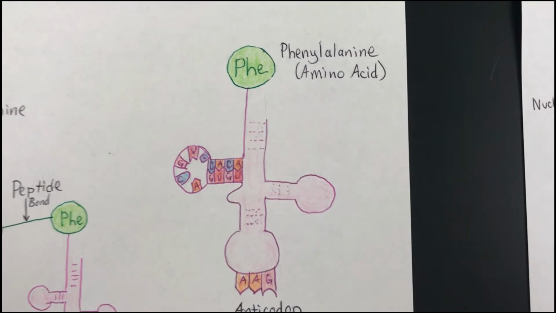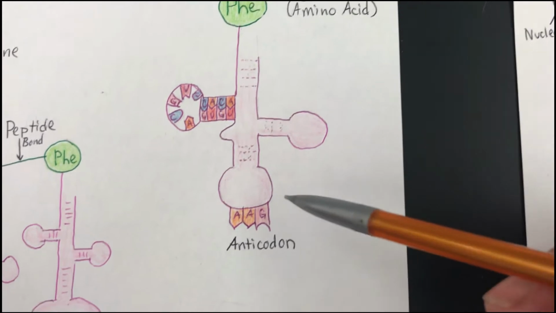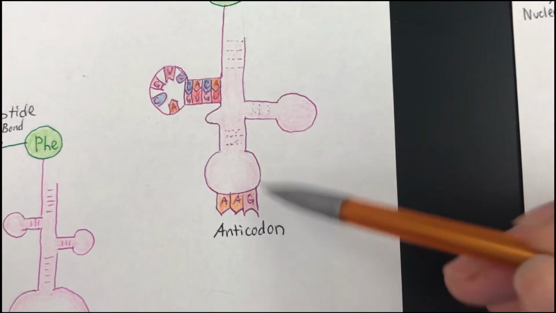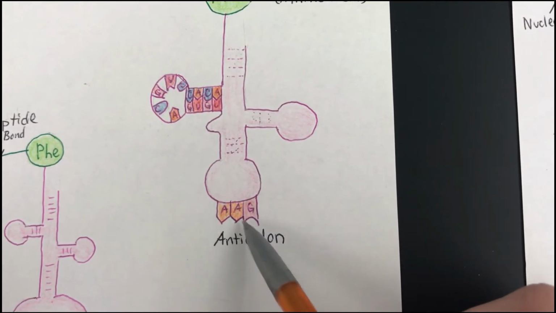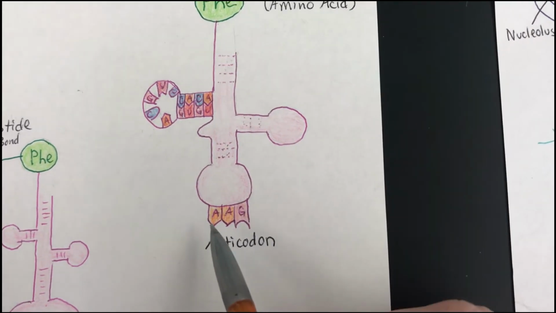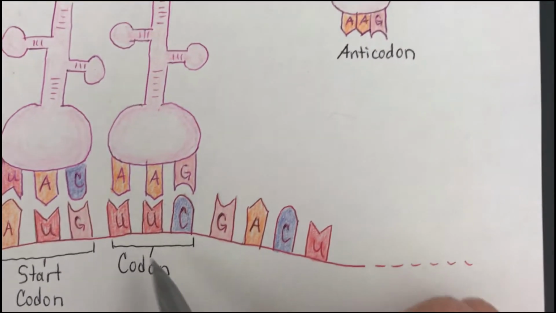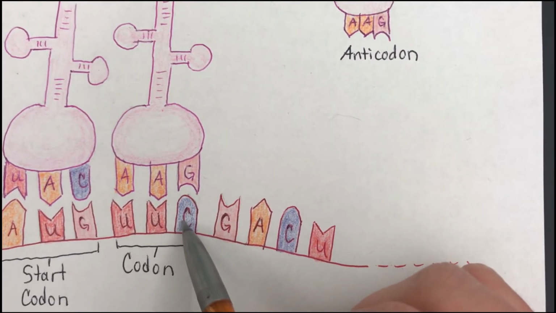How does it know which amino acid to bring? With the anticodon. This is a particular part of the strand of tRNA. AAG is complementary, if we go back down here, to UUC.